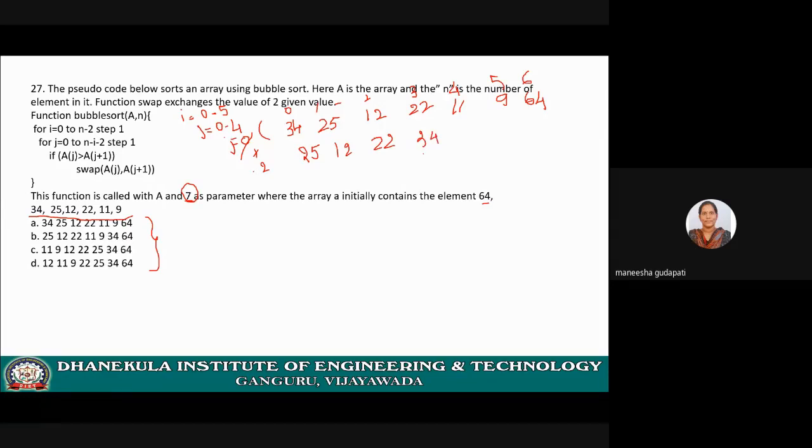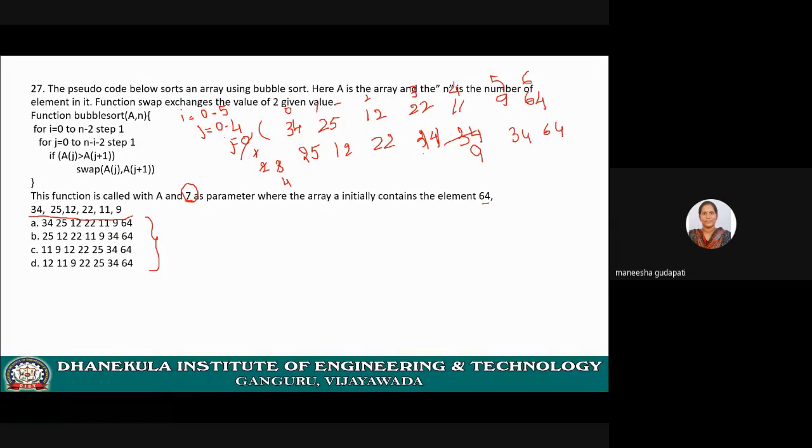Again j becomes 3. Here 34 is greater than 11, so 11 comes here and 34 goes to the next position. Next j becomes 4. 34 is greater than 9, so again swapping: here we get 9 and here we get 34.